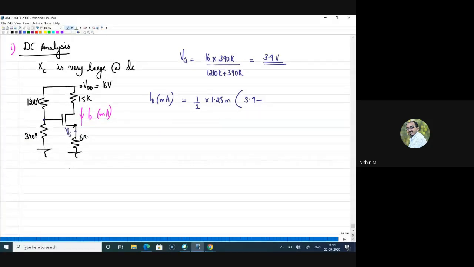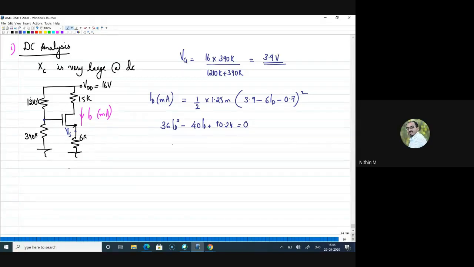It is 6 kilo into the current flowing through that, which is 6 kilo into ID in milliamps, or I can write it as 6 ID, minus Vt, given as 0.7, the whole square. So if you work on this, you will get 36 ID square minus 40 ID plus 10.24. Is this equation right?